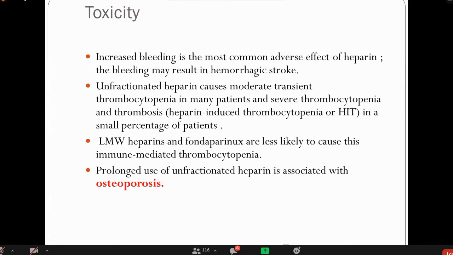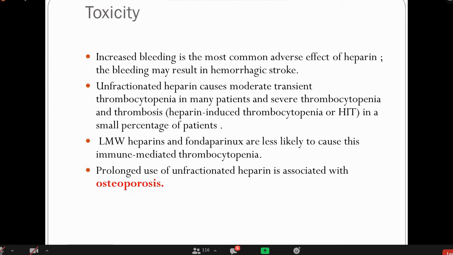Toxicity. There is a general concept: anything which is going to inhibit the clotting mechanism carries a chance of bleeding. So increased bleeding is the most common adverse effect of heparin. The bleeding may result in hemorrhagic stroke. Unfractionated heparin causes moderate, and this is an important point usually asked in the USMLE exam, transient thrombocytopenia in many patients.